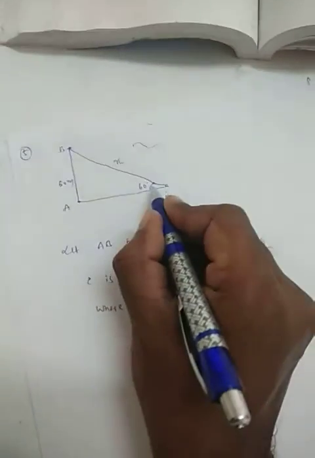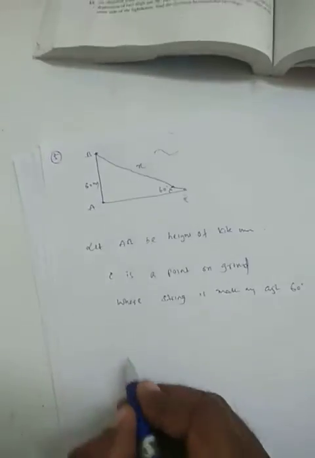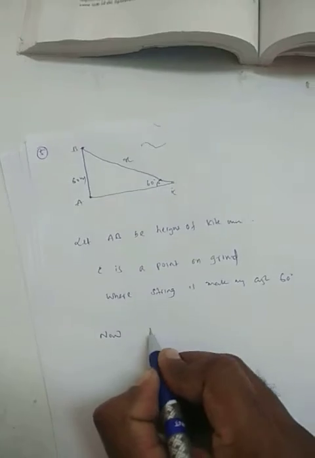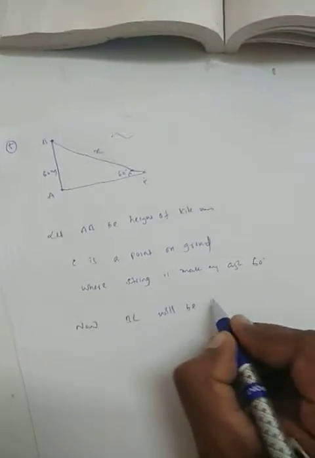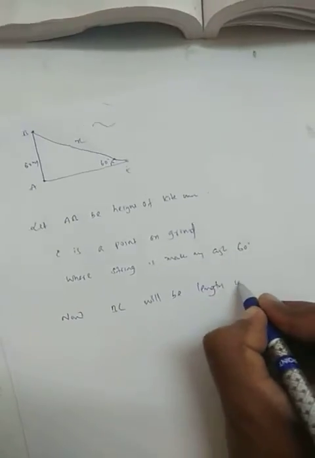So C is the point where it is making 60 degrees. So now BC will become the length of the string.